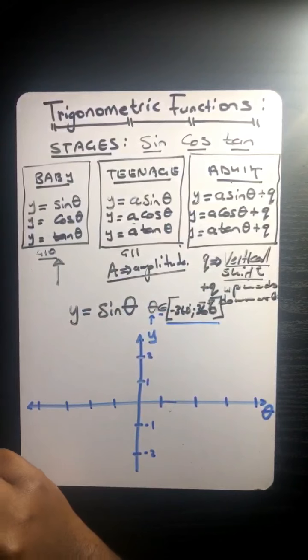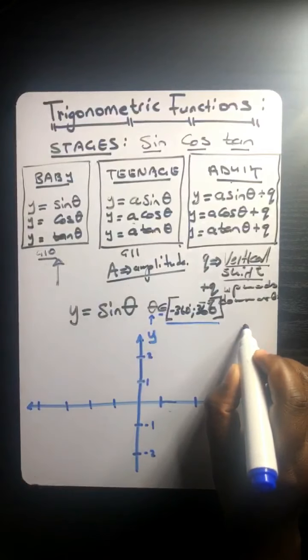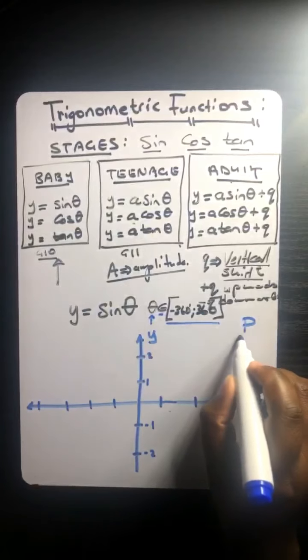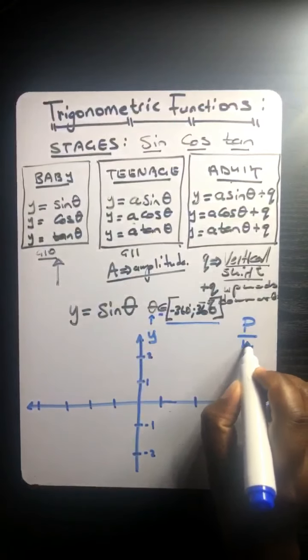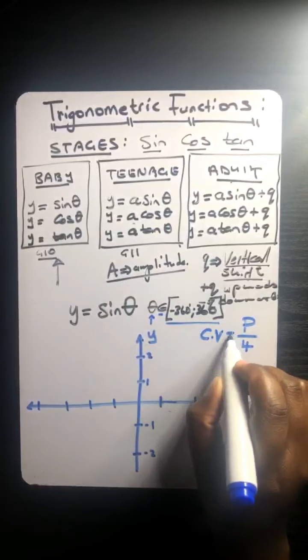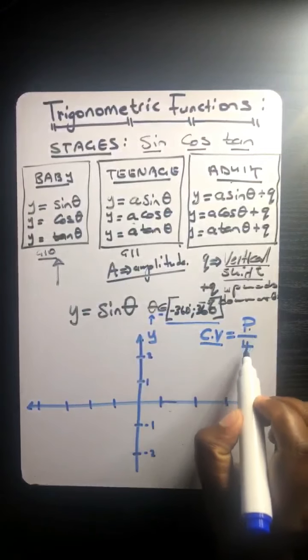So I'm still going to explain that. Since we know the period for this function, you must divide it by 4 in order to get the critical value. Can you see? So CV equals P over 4.